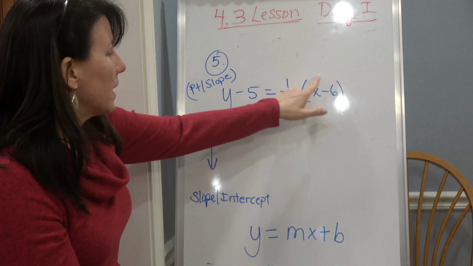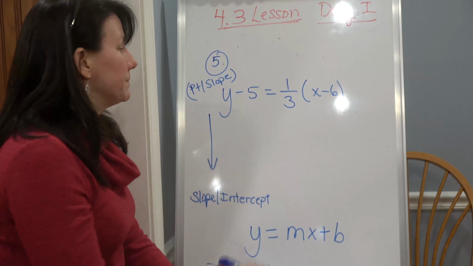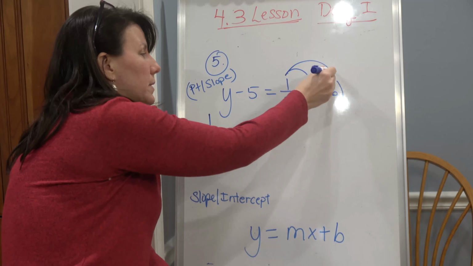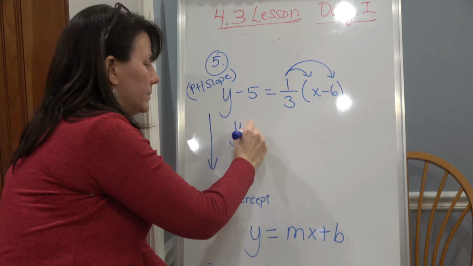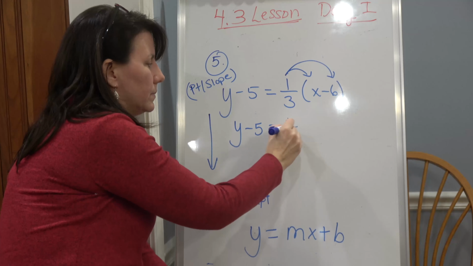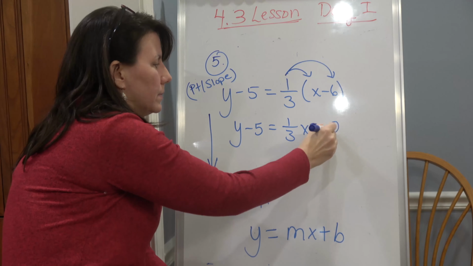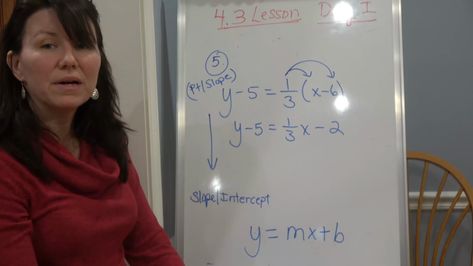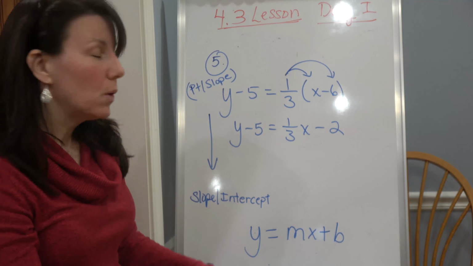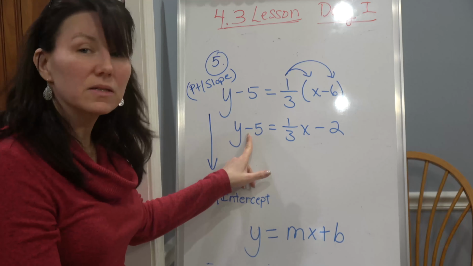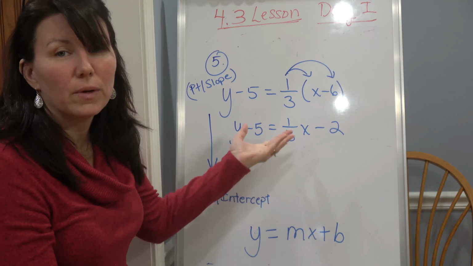So we need to get rid of the parentheses, right? So we know we do that by distributing. And now it only takes one more step. We need to get this minus 5 over to the right side, and we have it.